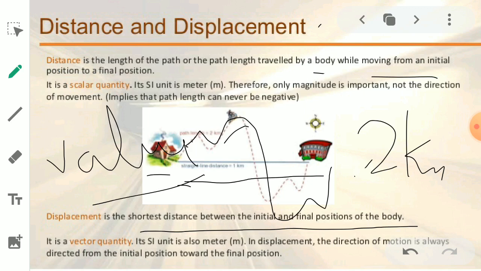It means the direction is specified. So that quantity which has the magnitude as well as the direction defines the displacement. So distance is a scalar quantity, and displacement is a vector quantity. The SI unit of both distance and displacement is the meter.